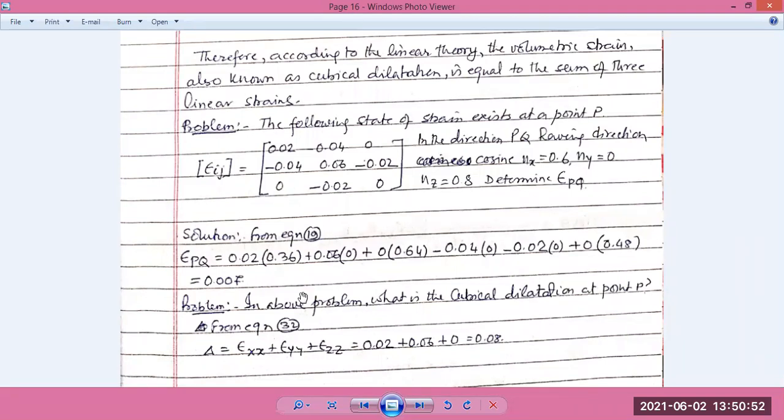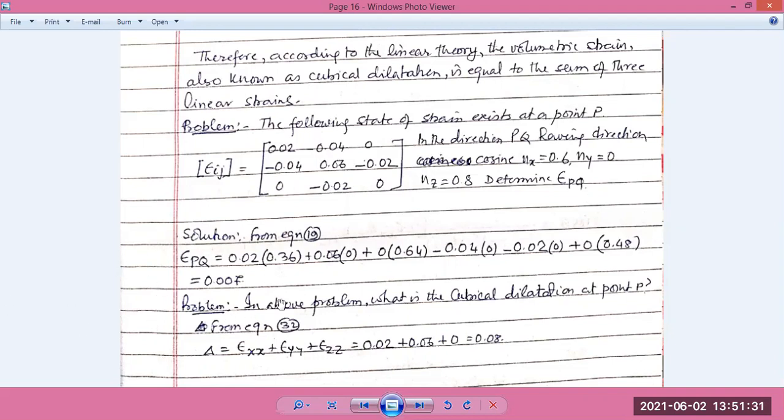We want to know the following state of strain in the direction PQ, having direction cosines nx equal to 0.6, ny equal to 0, and nz, and determine the elongation along the PQ direction. Now, what is epsilon PQ?